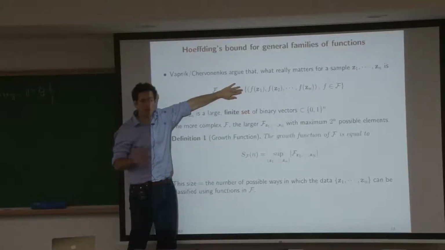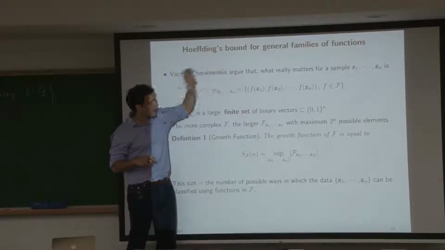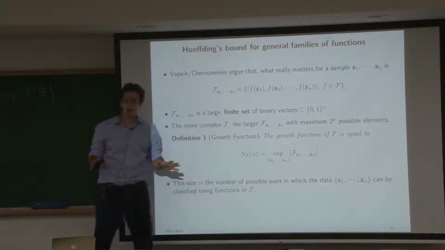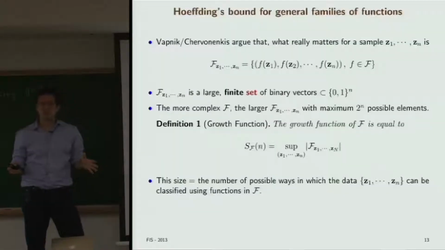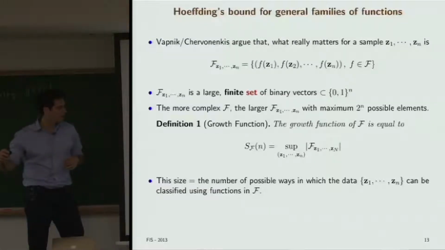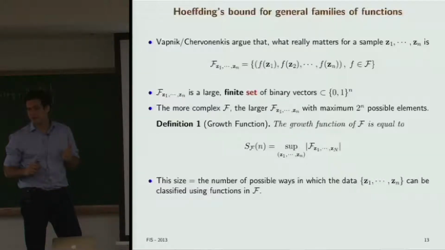This vector is just a vector of binary numbers, zeros and ones. Now, take the set for all possible functions, all of them. What you get is a set of binary vectors of size n with elements 0 and 1. So the first thing that you can say is that this set of vectors is usually a large, finite set of binary vectors in {0,1} to the power n.